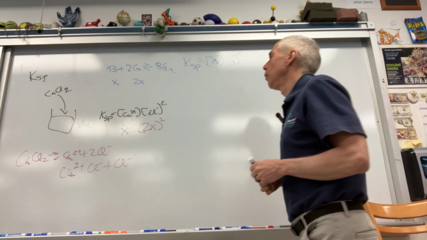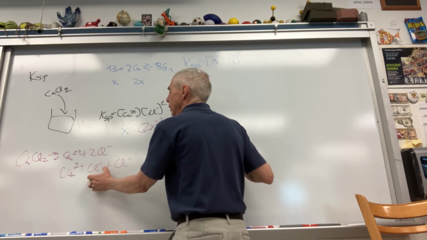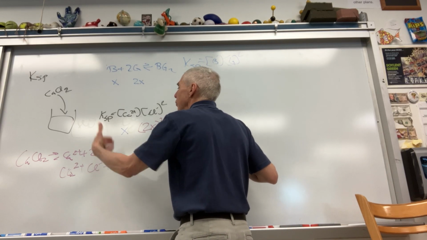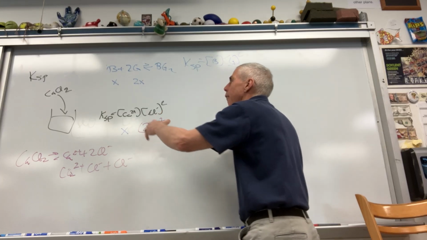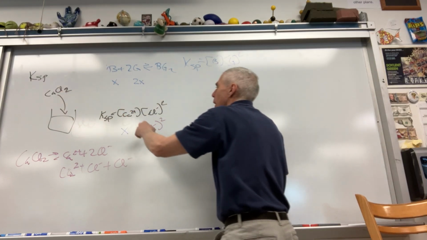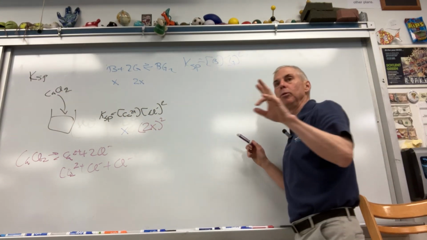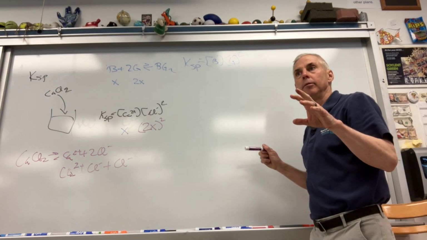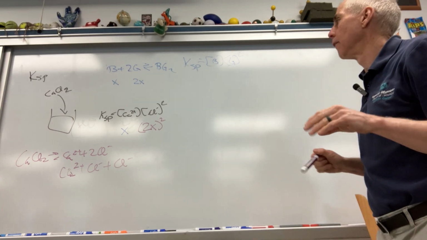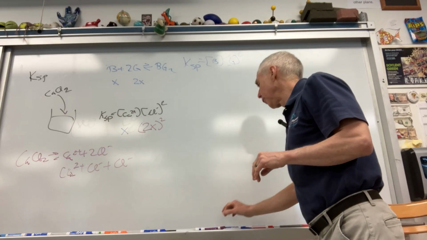So that concentration is squared, but it's also double, because for every 1 calcium chloride I throw in, I get 1 calcium, 2 chlorine. Is that okay? All right, that's one instance.